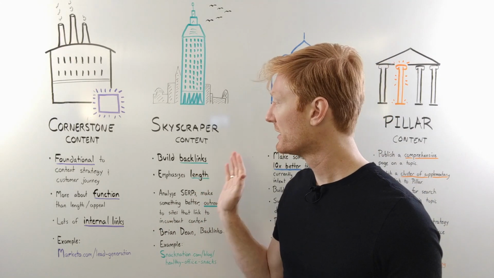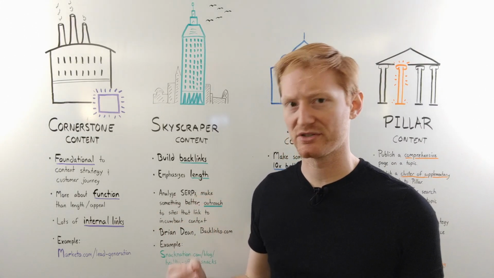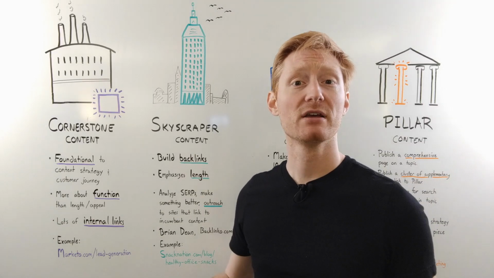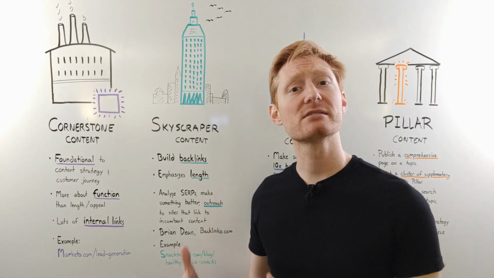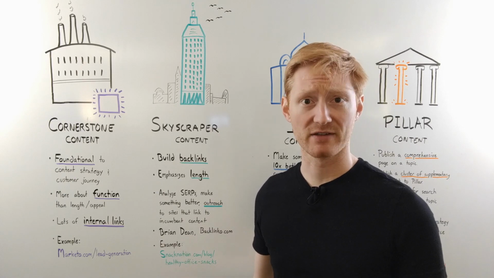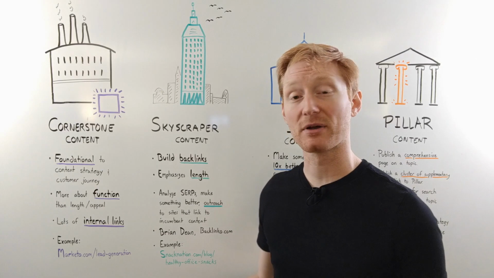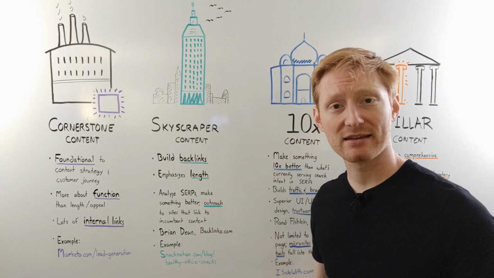Now, the conversation around skyscraper content tends to revolve around content length. It's a technique that works really well for writers of content. And a great example of skyscraper content would be Snack Nation's website.